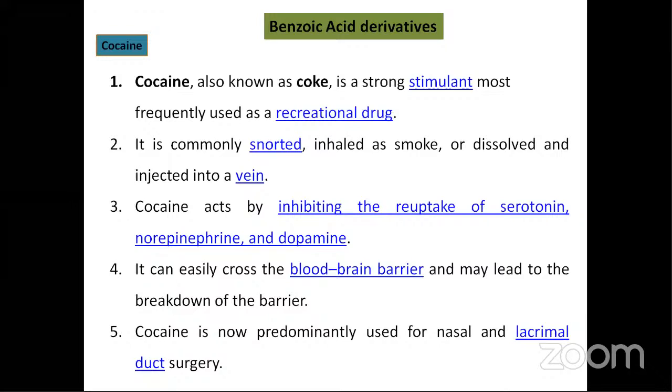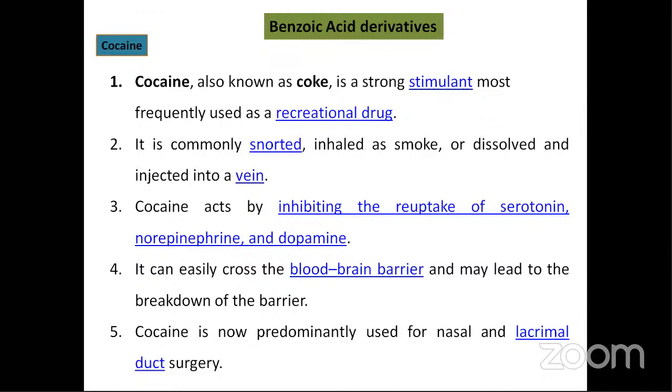Next, the first drug class is benzoic acid derivatives. Under that you have cocaine. You know benzoic acid: benzene with COOH.